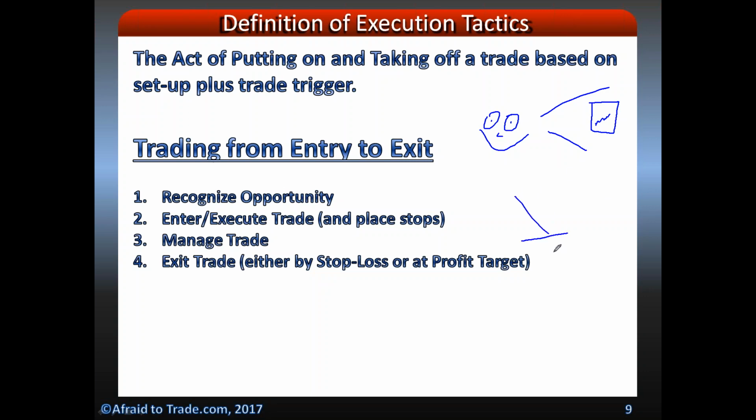Managing your trade has to do with your initial stop and potentially your initial target. So the market should do this, and your target will be placed up here. If that doesn't work, your stop will be placed down there. And of course, the market does what it does, or it doesn't. So your actual trade is, did you exit before?